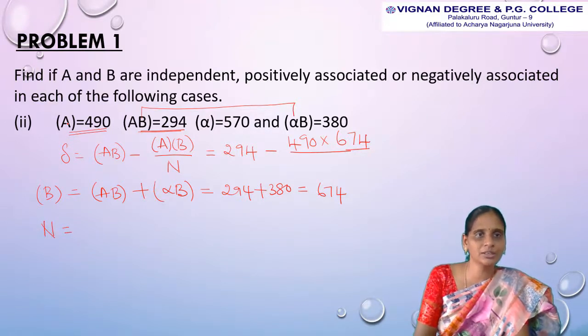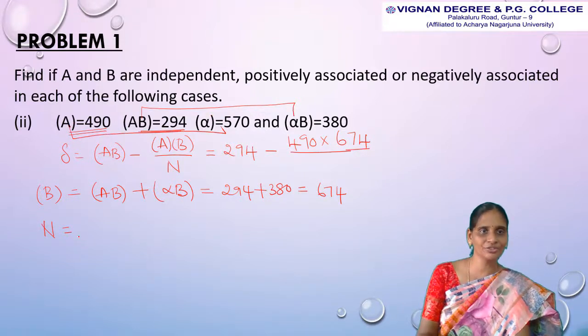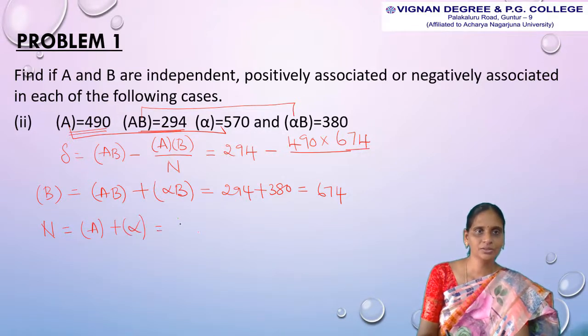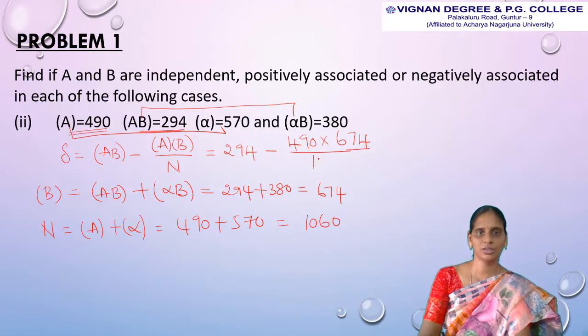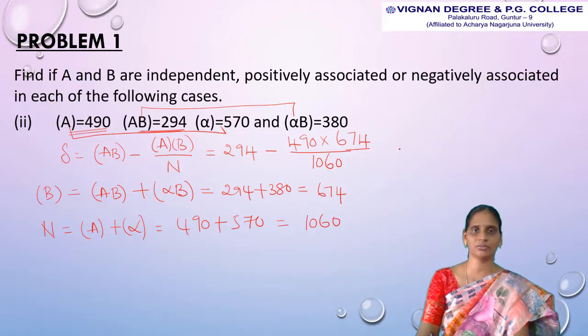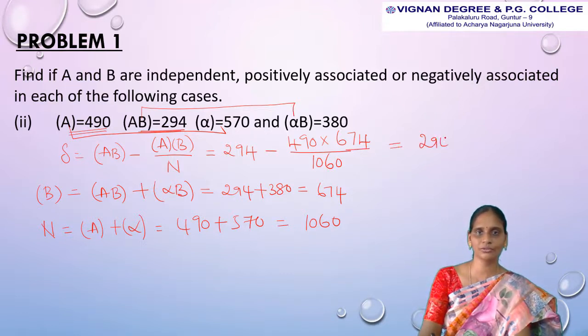Capital N is equal to, we have to add these two values, frequency of A plus frequency of alpha. So this is 490 plus 570. So the value is 1060. So here I am substituting 1060. And this is equal to 294 minus 311.6.